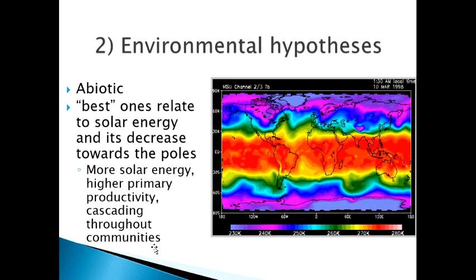The second set of hypotheses are the most popular. They've been the most popular since Humboldt's day. The whole suite of environmental things, usually circling around the notion that the tropics receive more solar energy, therefore they have higher temperatures, higher primary productivity, and so on that way.